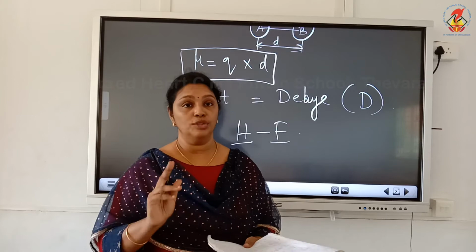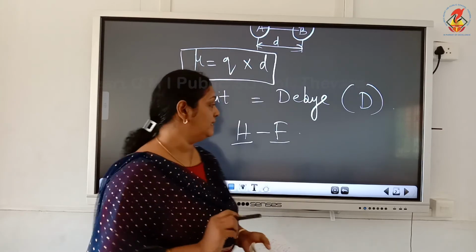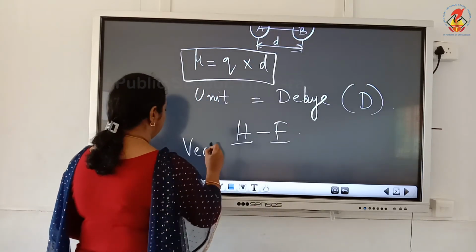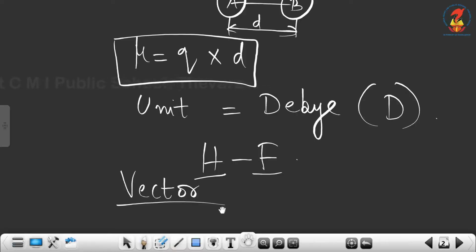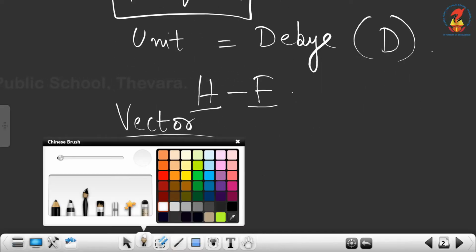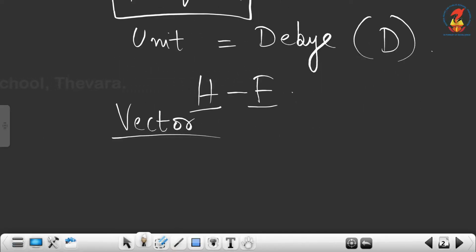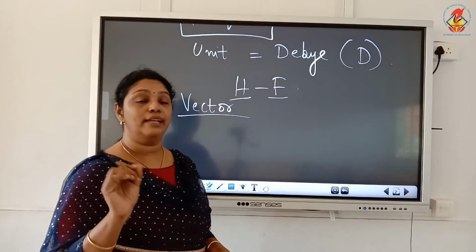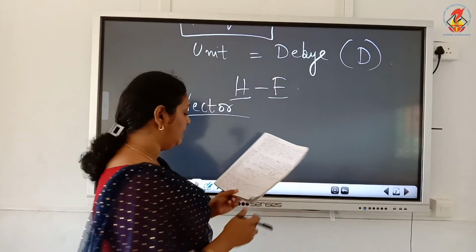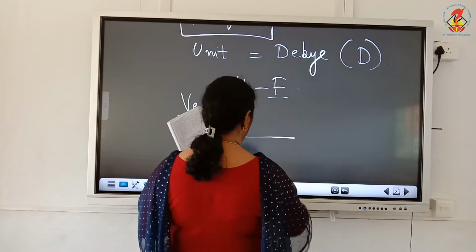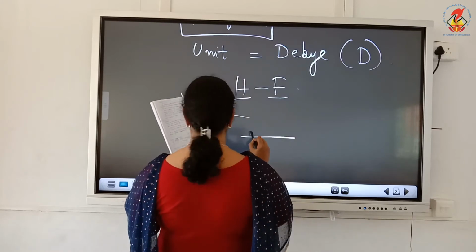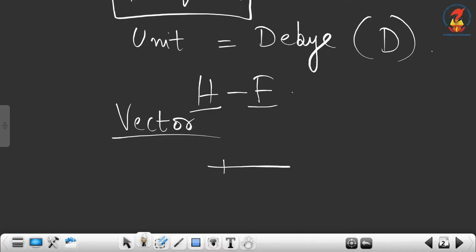Now the next note is dipole moment is a vector quantity, which means it has both magnitude and direction. And how will you represent a dipole moment? It is represented by an arrow with tail on positive side and arrowhead pointing towards the negative atom.